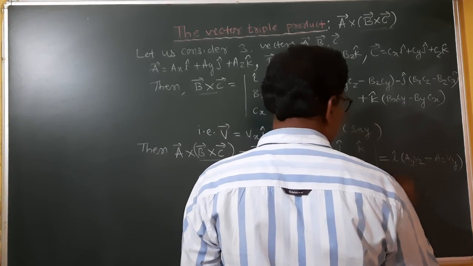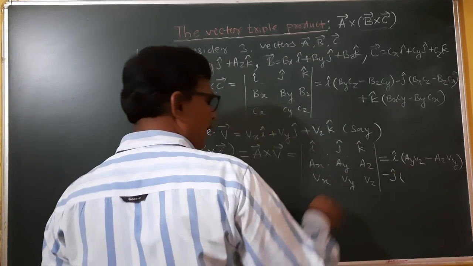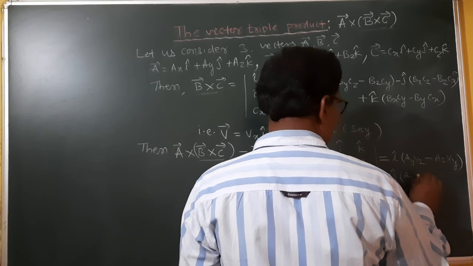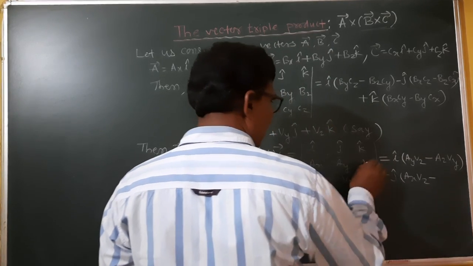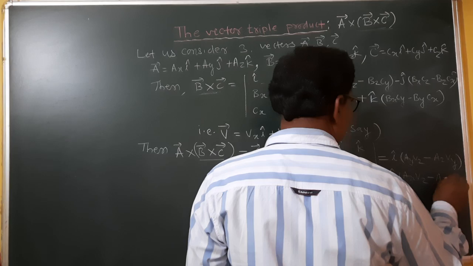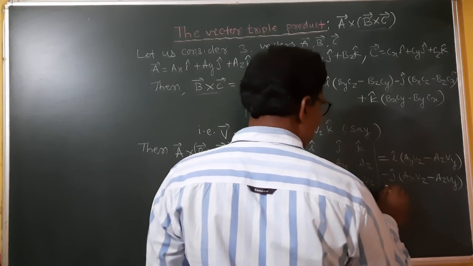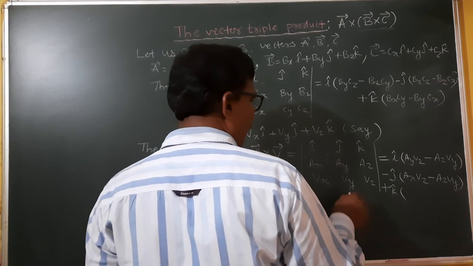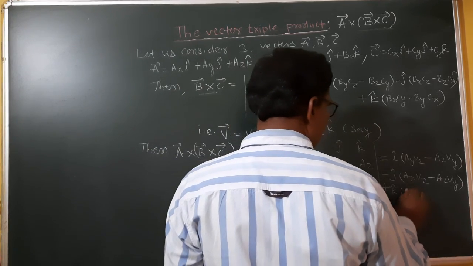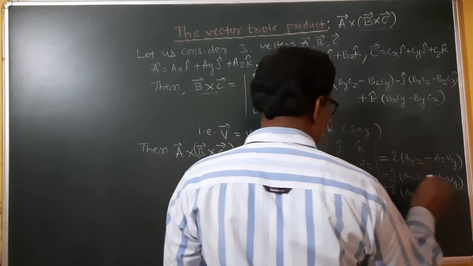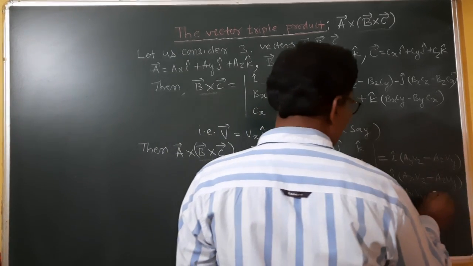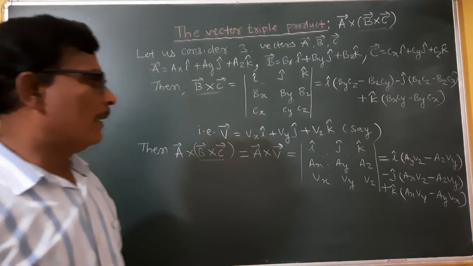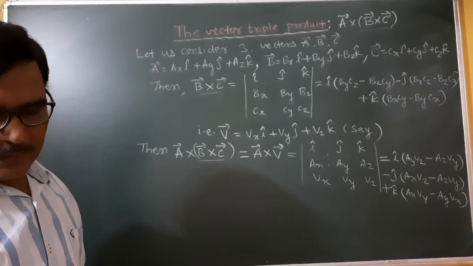Then the second term is minus J into bracket, Ax Vz minus Az Vx. The third term is plus K cap into bracket, that is Ax into Vy minus Ay into Vx. This is the component of A and V.